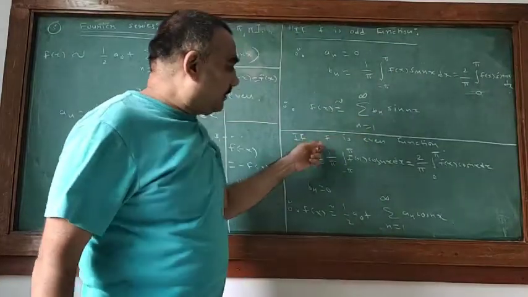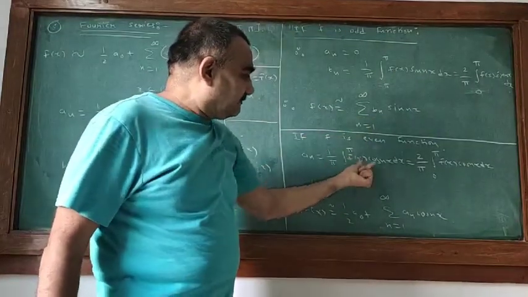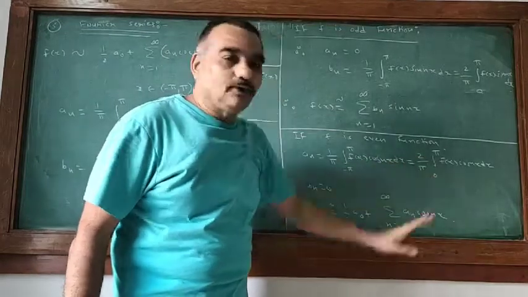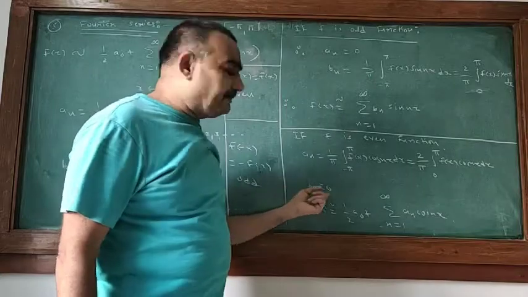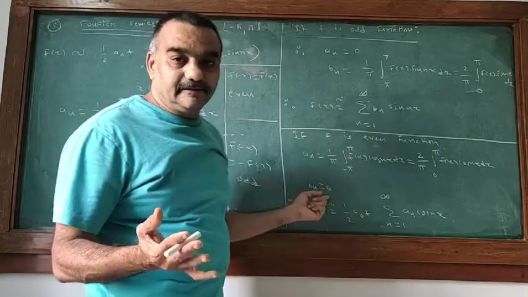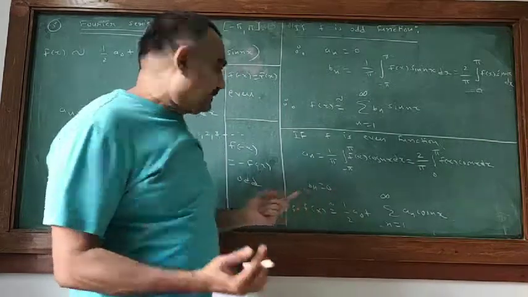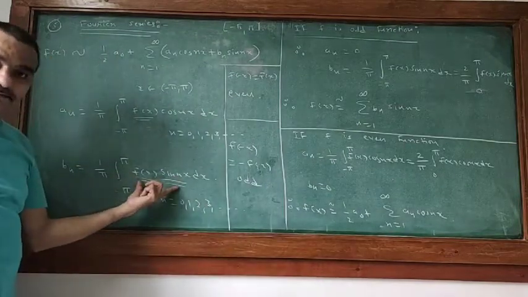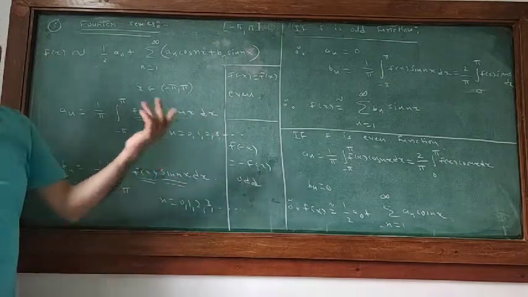Now in this even case, f(x) is even, cos nx is even, the multiplication is even, so it is double, from 0 to pi. But at that time sigma bn is 0, meaning bn is 0. Why is bn 0? Because even times odd, the integration is 0 by property.